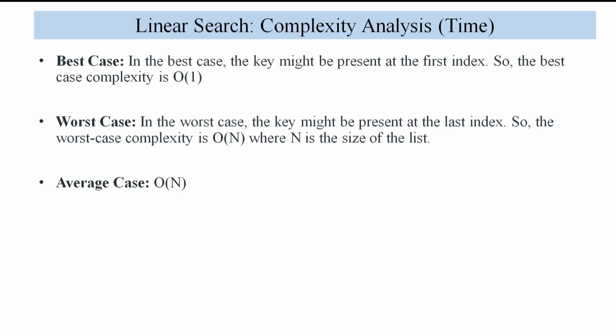N by 2 number of searching operations are required. In big O notation, this n by 2 is approximately of order of n. So the average case time complexity of linear search is represented by order of n. So that is about the linear search.